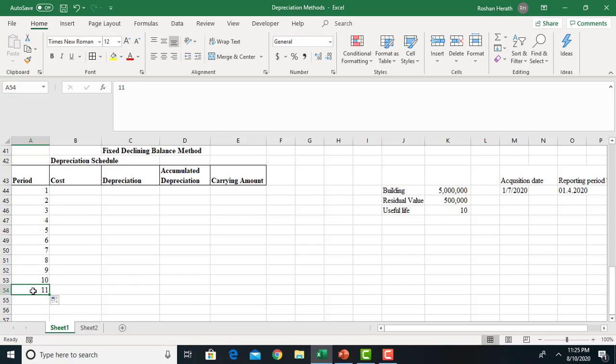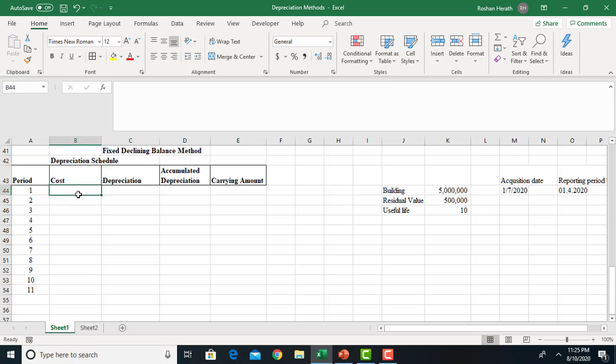So likewise it goes on. So accordingly, we may take the period as 11 years. In the last year, you may have to take depreciation for 3 months.